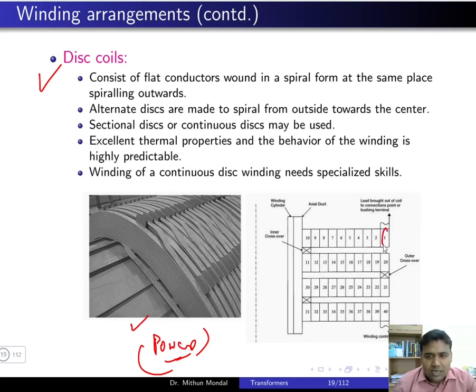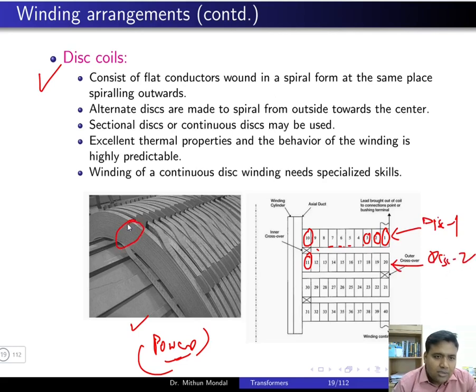The first turn is 1, then 2 and 3 and so on till 10, and then it is connected with the next turn, 11. So this is your disc number 1, and then this is your disc number 2. Where is disc number 1? These together become disc number 1, and again you will have disc number 2, disc number 3, disc number 4 and so on.